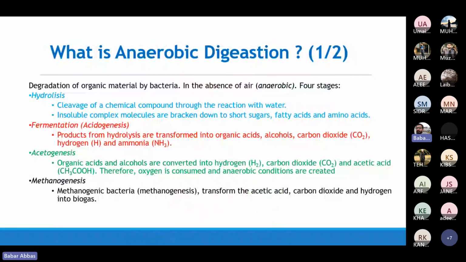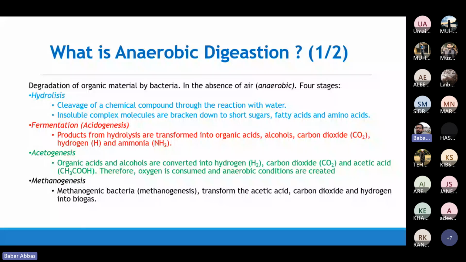The anaerobic digestion, previously we had two phases, but both of the phases are offering two further stages. So we have a total of 4 stages in an anaerobic digestion unit.